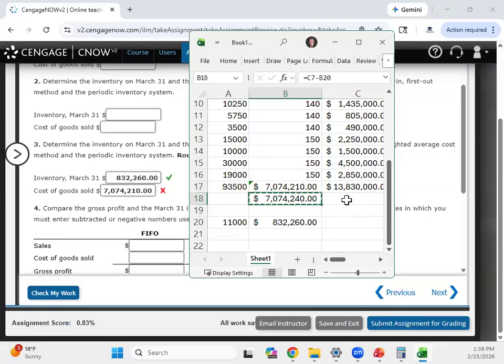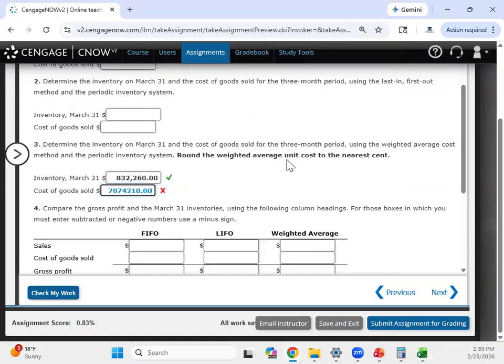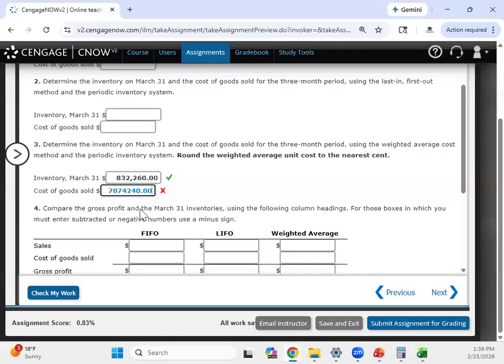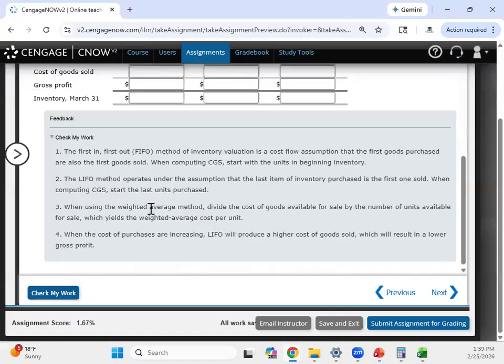Multiplying, it has to tie, right? It says under the periodic method, we determine our ending inventory first, and we determine our cost of goods sold by taking cost of goods available for sale minus ending inventory. And in this case, there is a $30 difference because of the rounding that we did. And that's where my error was there.